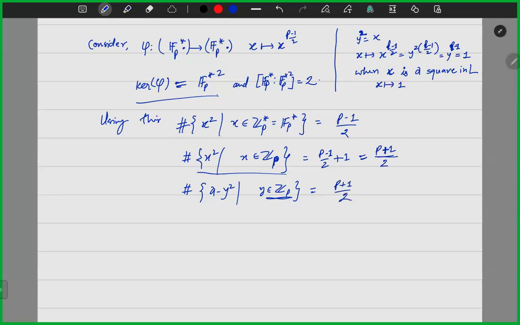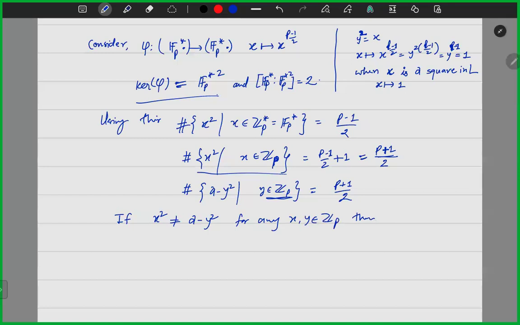Now, if you take union of these two sets, how many elements will you get in the union? If all of them are distinct, if x square is not equal to a minus y square for any x, y in Zp, what will happen?